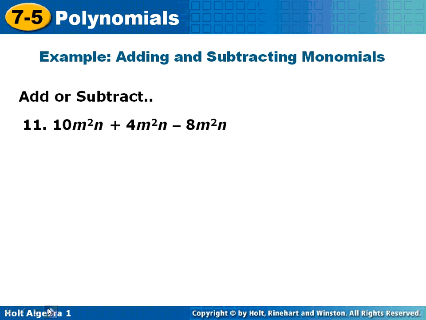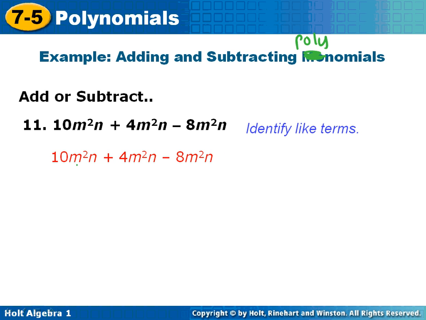All right, number 11, we are going to add and subtract. Pretend like this says not monomials, but polynomials. First thing to do is identify which are like terms. I see that they all have like terms because they all have m squared n. So I have 10 m squared n's. I have 4 m squared n's.